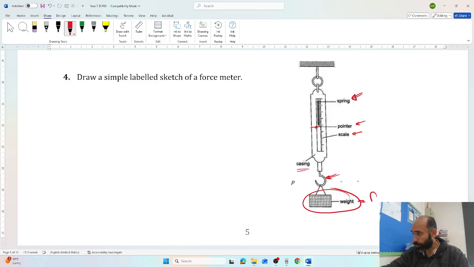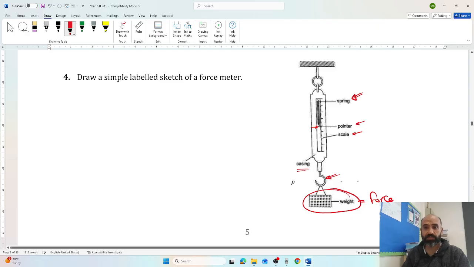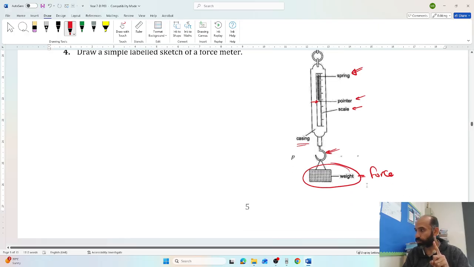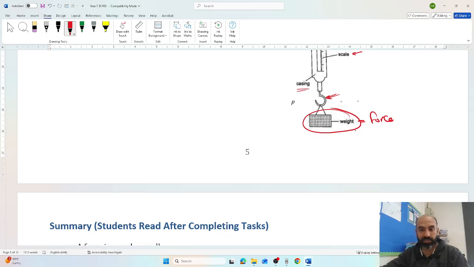Weight is a force. Weight is a force. And it is measured in Newton. Yeah, I will just scroll up. Yeah. Weight is a force and it is measured in Newton, and it's equal to m times g. M, as we said before, is the mass, and it is measured in kilogram. And g is a type of acceleration, but this is due to gravity.